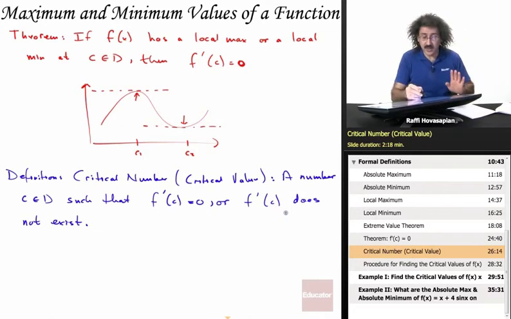That's it. A critical number or a critical value of the function is a number C in the domain such that f prime at that number is either equal to 0 or f prime at C does not exist.